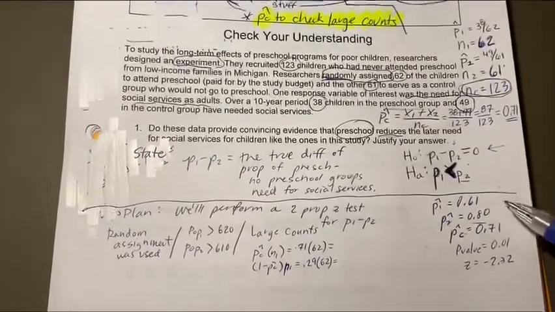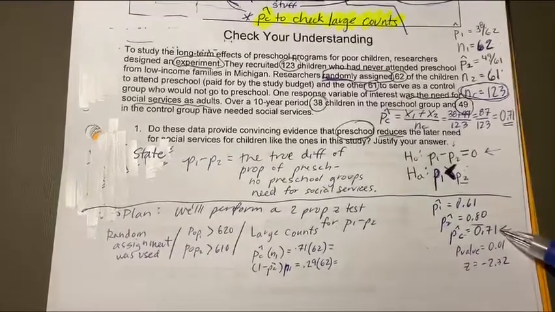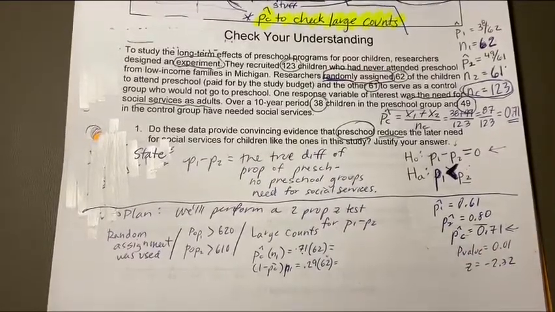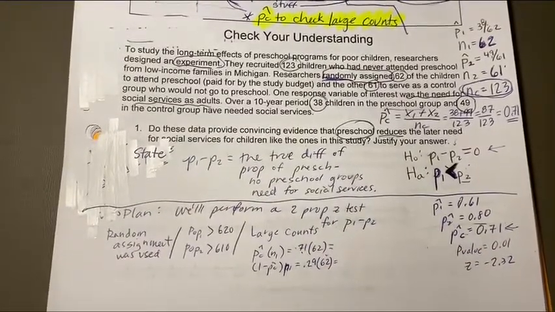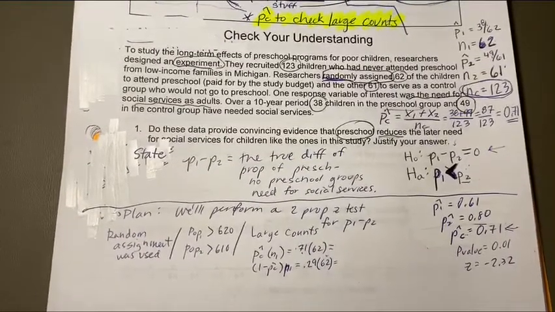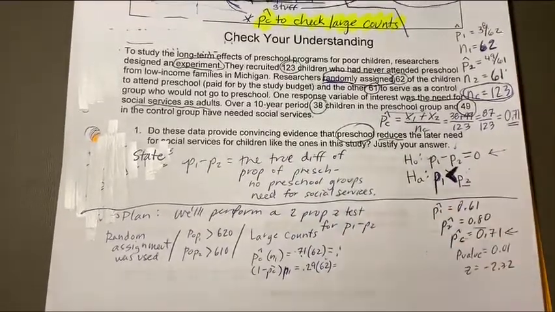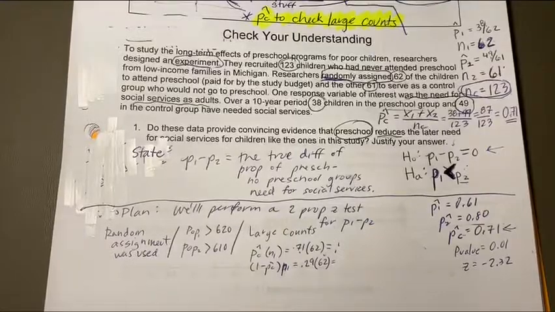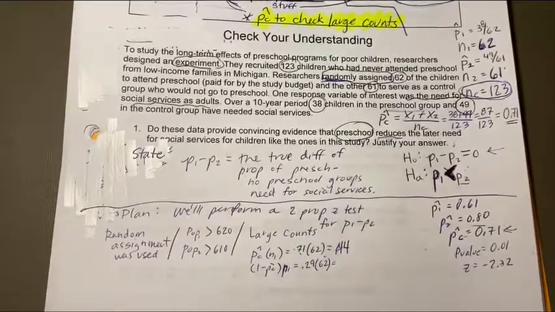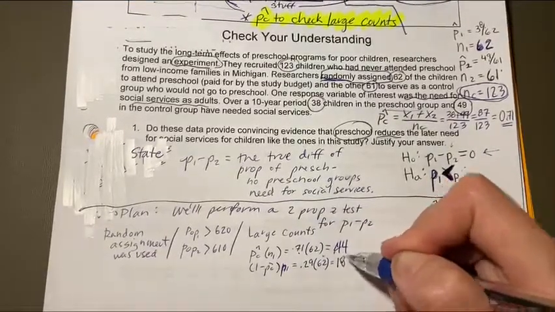Well, based on our data, we're expecting 71% of any given person to need the social services. So if we talk to 62 people, 0.71 times 62 is 44. That's good. 0.29 times the 62 is, I'll round up to 18.